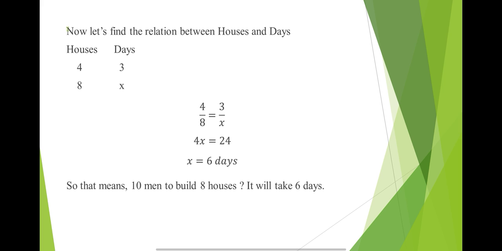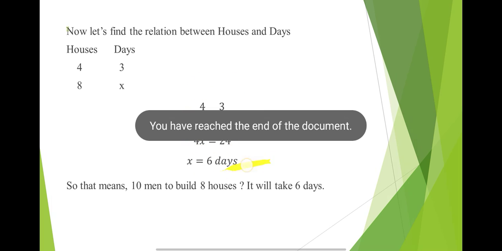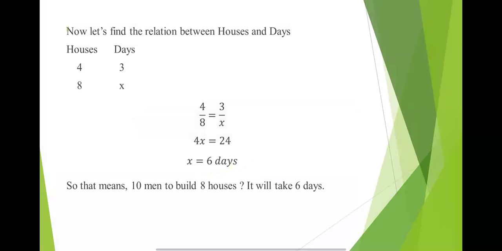We also put them in an equation, and it is also a direct proportion. Why? Because the more houses you build, the more time you will take, right? So direct proportion, and you get 6 days finally. So the question asks us 10 men to build 8 houses, how long will it take? It will take 6 days. That's it.